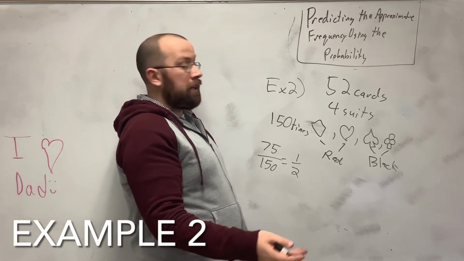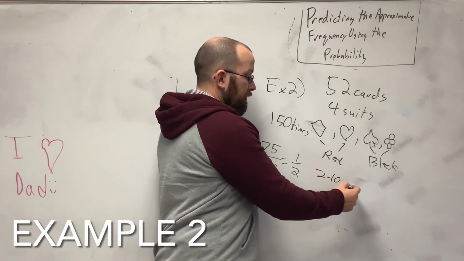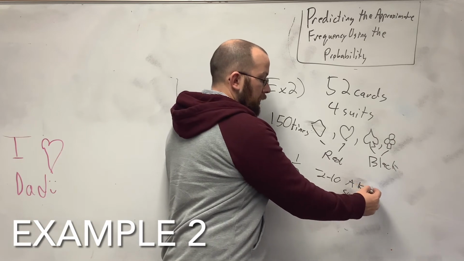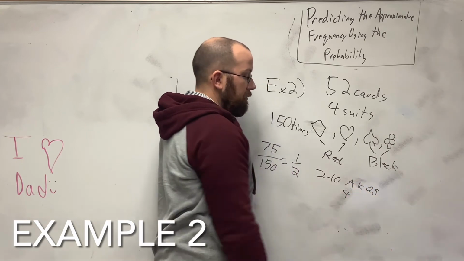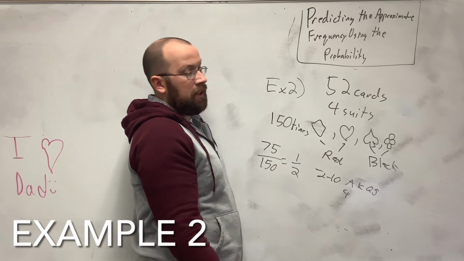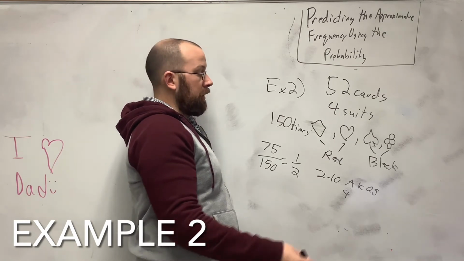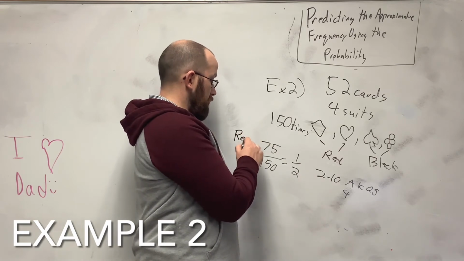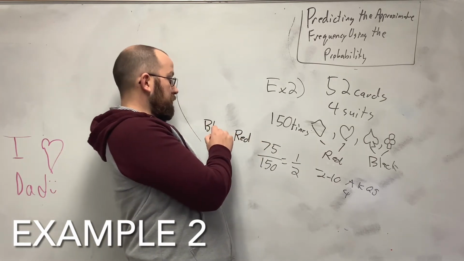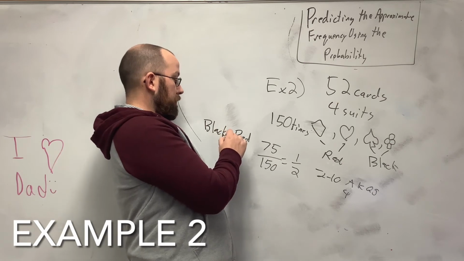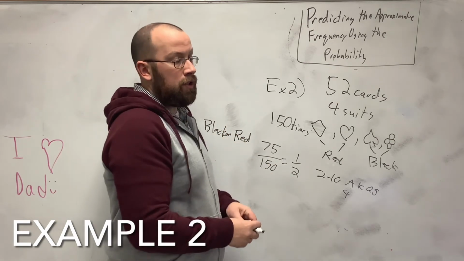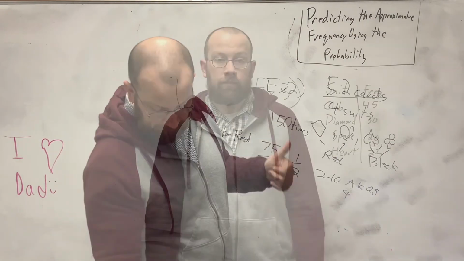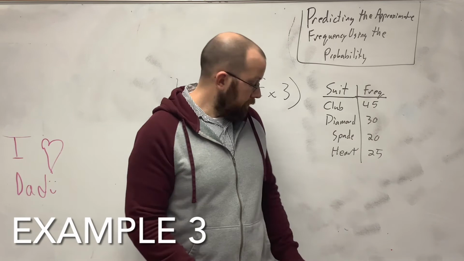It's not going to be any of my numbers, because I have numbers 2 to 10, and an ace, king, queen, and jack that I'll have 4 times each. Well, I can draw red cards or black cards 1/2 of the time. So if you're just drawing random cards, half the time you should get red, half the time you should get black. All right, this is our last example.